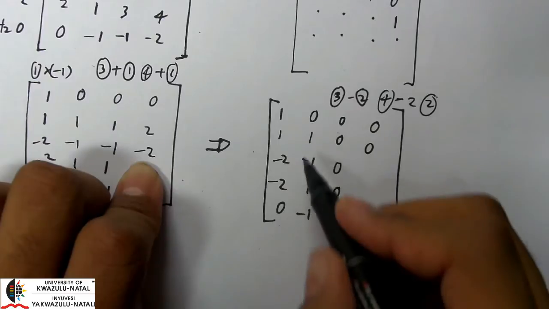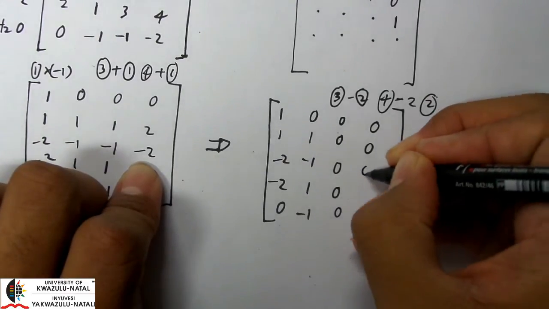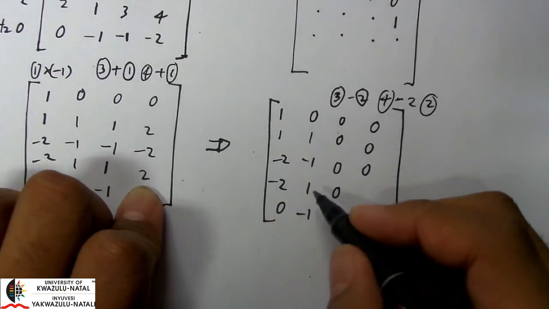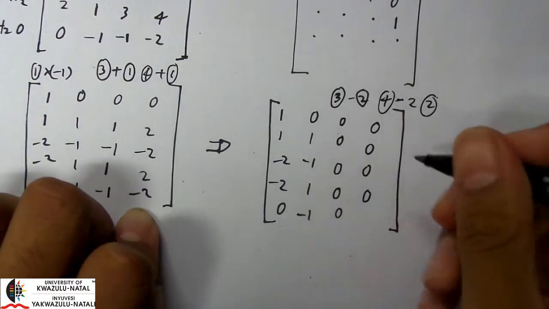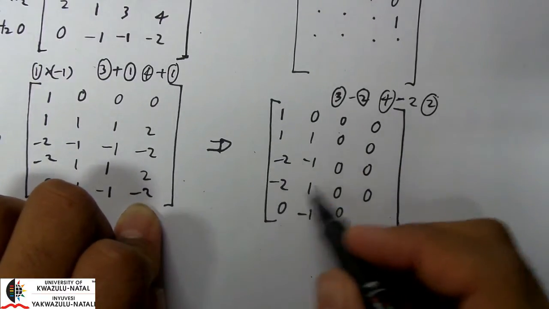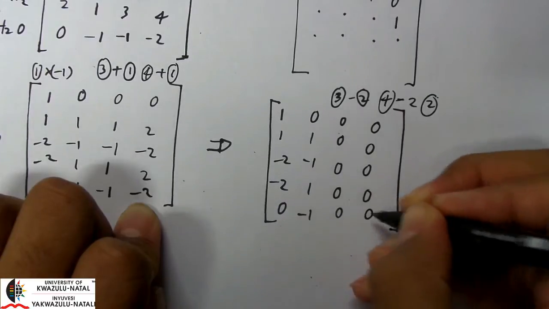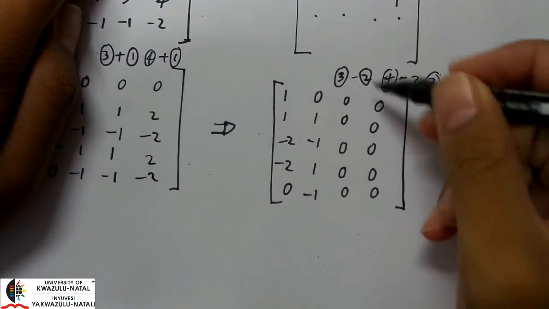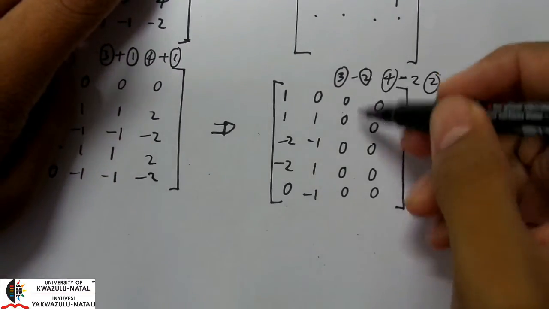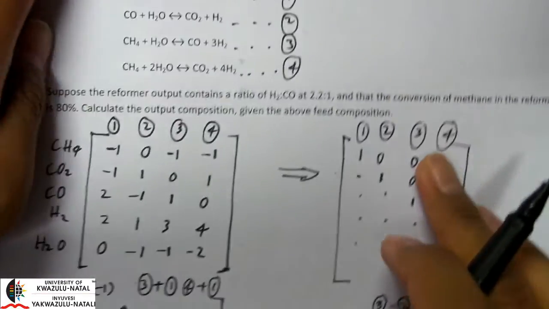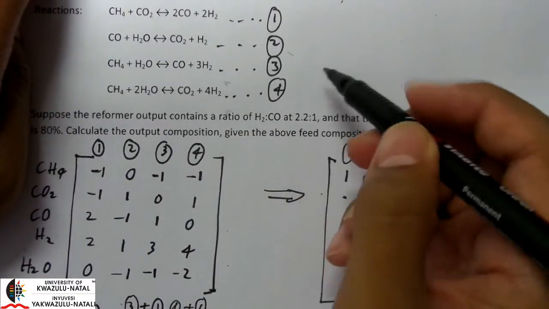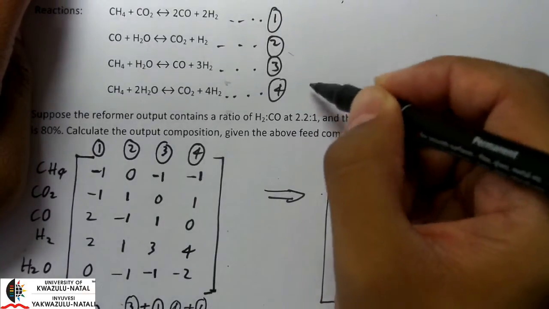Minus 2 minus 2 times minus 1, that will also give me 0. 2 minus 2 times 1, that will give me 0. And minus 2 minus 2 times minus 1, that will give me 0 as well. So as you can see, columns 3 and 4 have disappeared, they've become 0. And this implies that reactions 3 and 4 are not independent. Sorry, so reactions 3 and 4 are dependent.